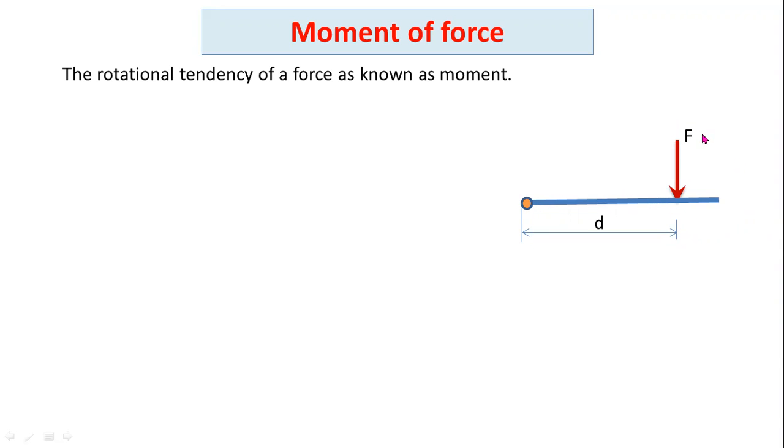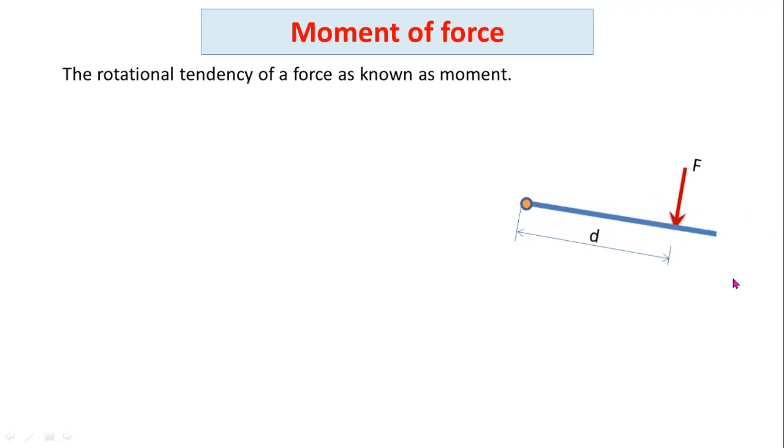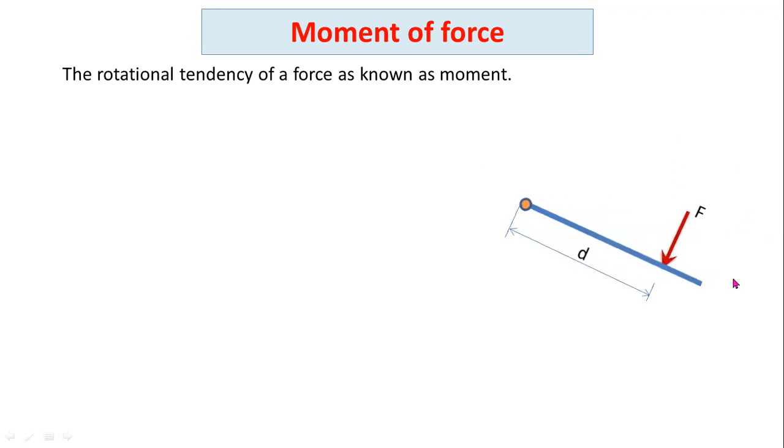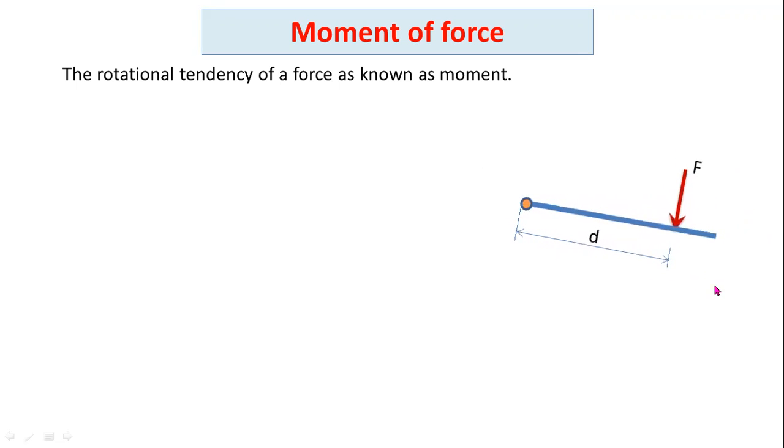Here F is the force acting on the object at a distance of d from the rotation point. By acting this force it can turn like this. This effect is called moment.